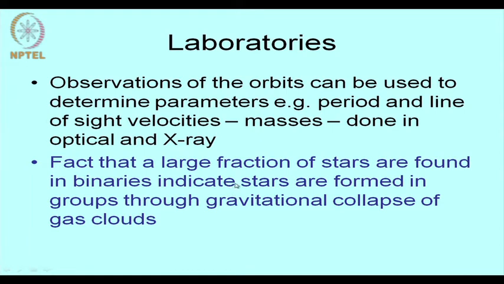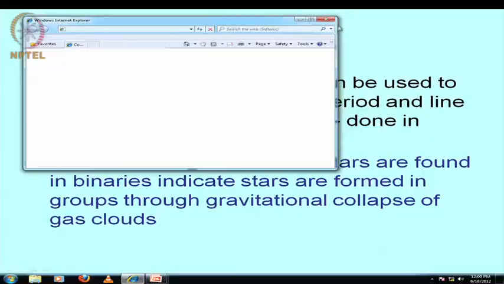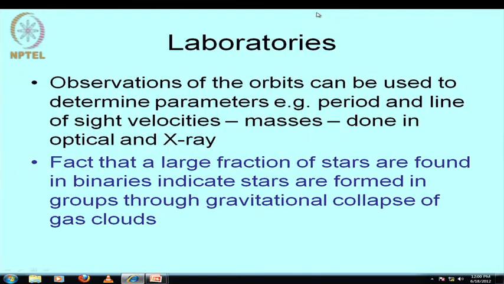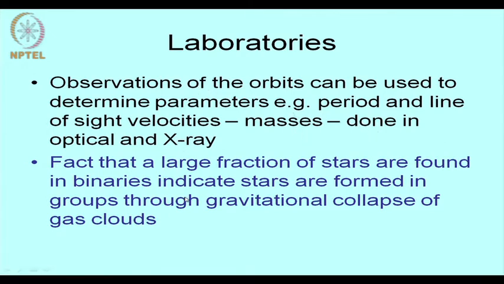So, when in the interstellar medium you have these gas clouds, and when such a cloud collapses, you do not form a single star, but you form several stars simultaneously. And the fact that you have binary systems in excess of individual stars gives us a handle on the star formation process.